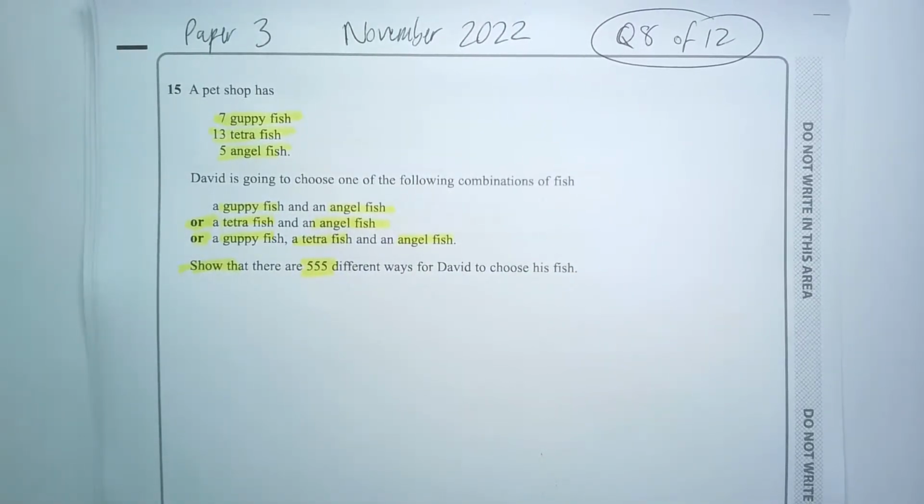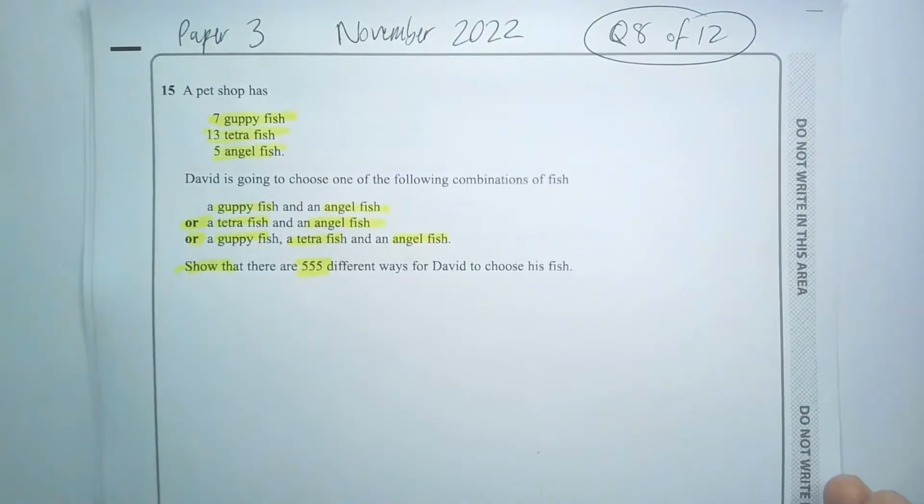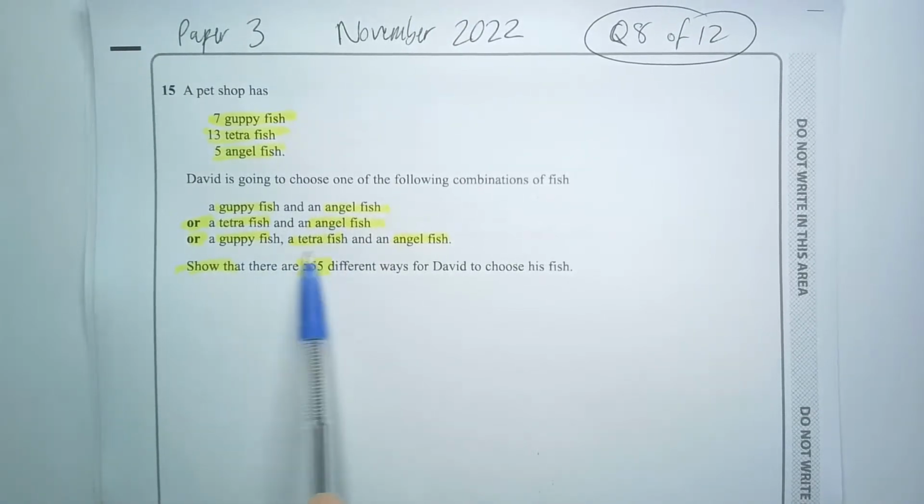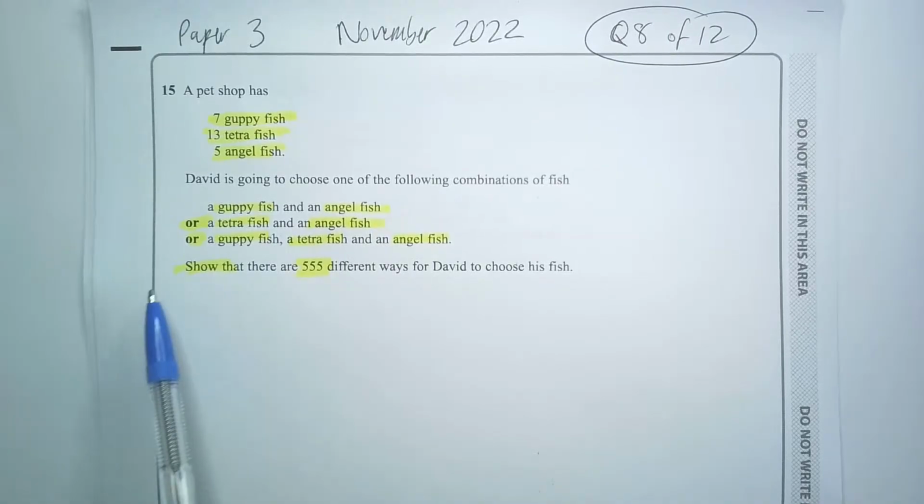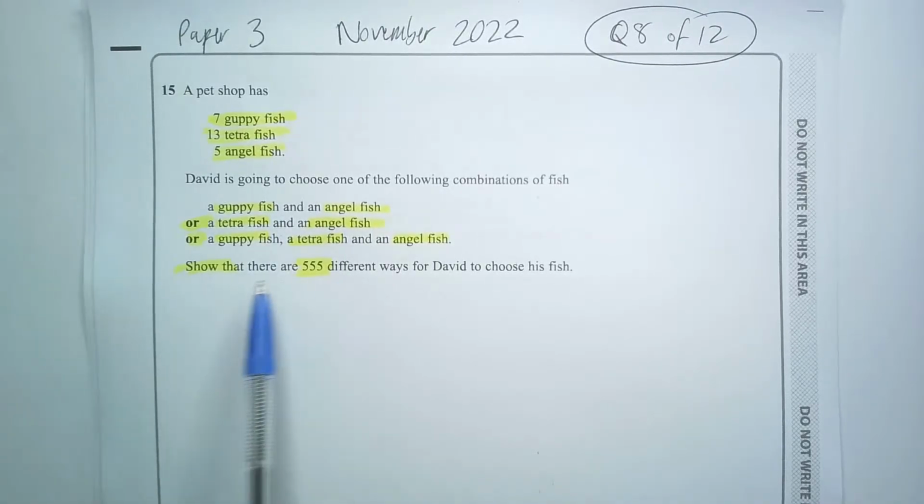This question is significantly different from the previous questions, but what we do is very similar to what we've done before. We are going to be following this order of working out. It's also given us the answer, so we just need to show that it equals 555.